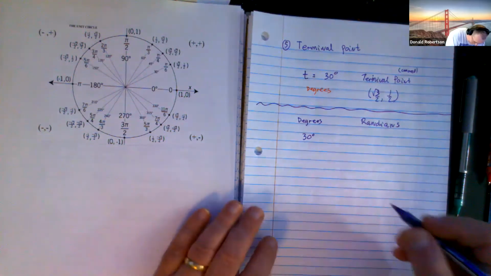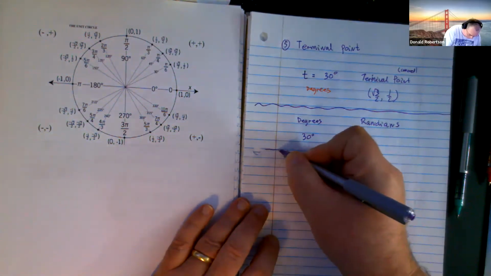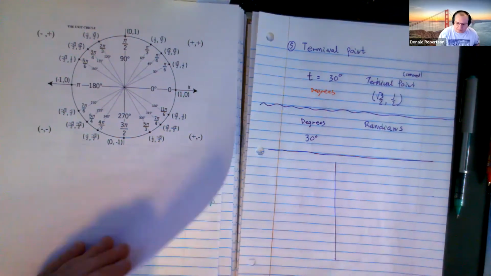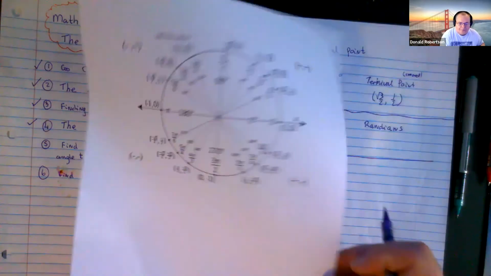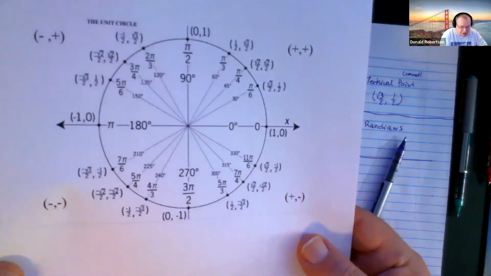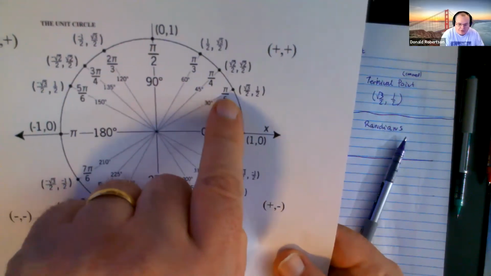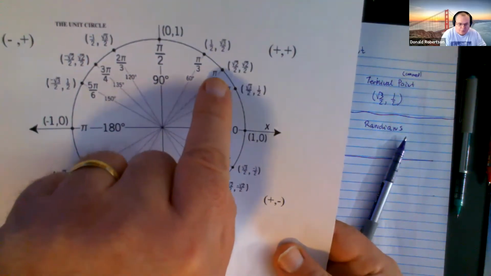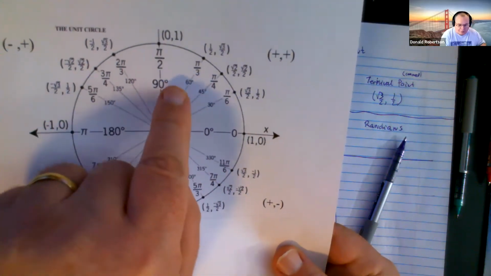But radians, in fact, if you ever go in and do calculus, virtually every angle I can think of is always done in radians. So let me try and show you the connection between the two. I've got this guy, and I'll bring him up close. 30 degrees is the same thing as pi upon 6 radians. 45 degrees is pi upon 4. 60 degrees is pi upon 3.